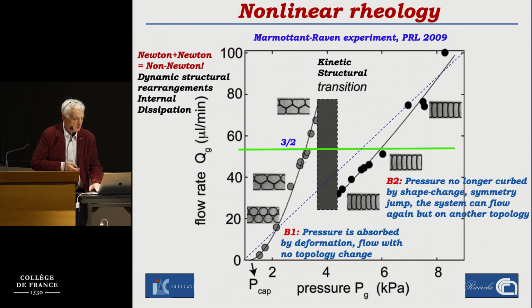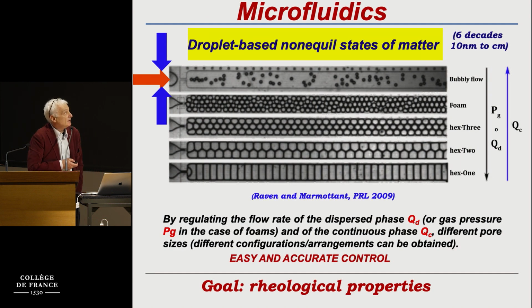Again, I was captured by this picture a while ago, where, in fact, this is work by Roma and Marmottan, and they show that there is a sort of analog of condensed matter using droplets. This is a dilute flow.